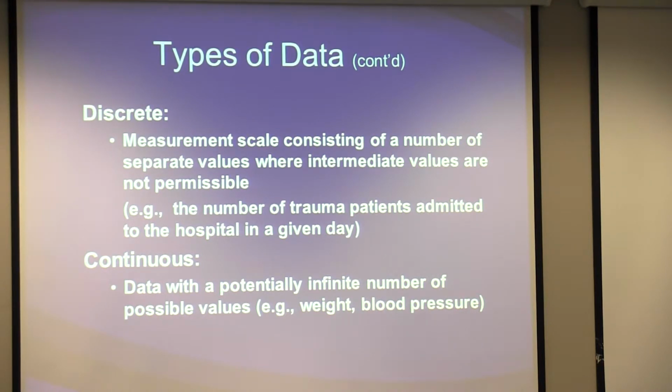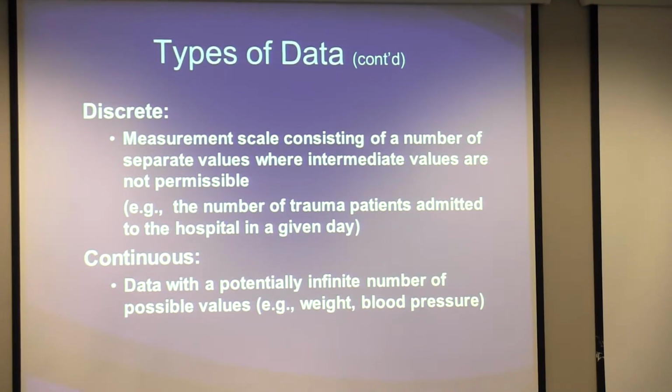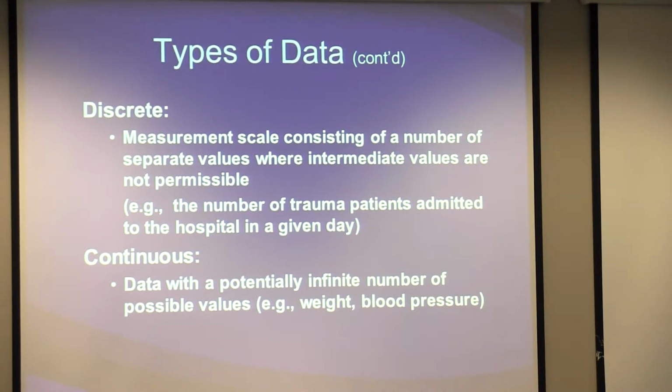So the number of cars in a parking lot is discrete interval data, because there can't be half a car, hopefully. You would be counting a whole car. There either is a car or there isn't in a parking space. And the example here, the number of patients, trauma patients or any other type, admitted on a given day, things that are basically counts are going to be discrete data.